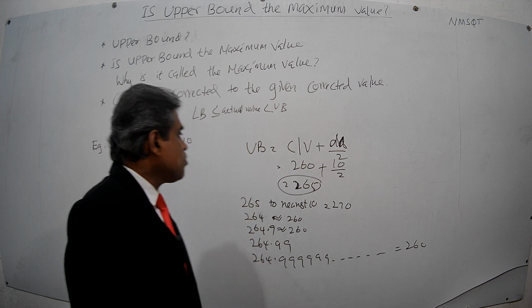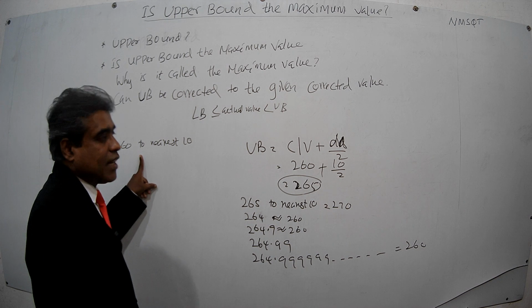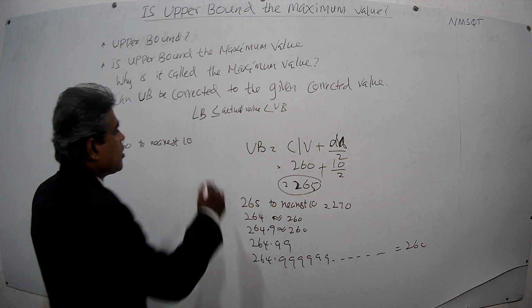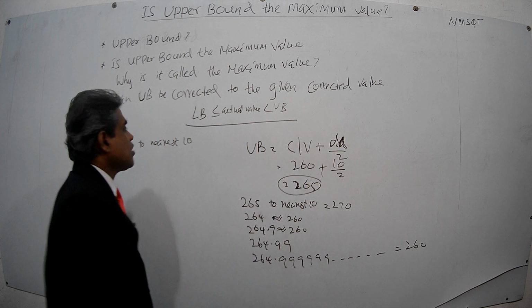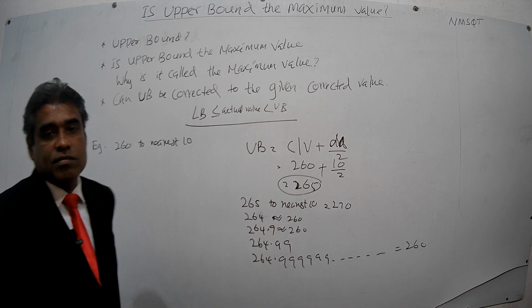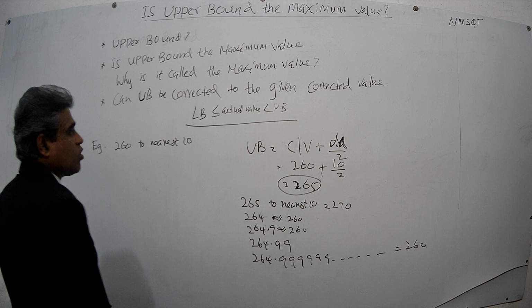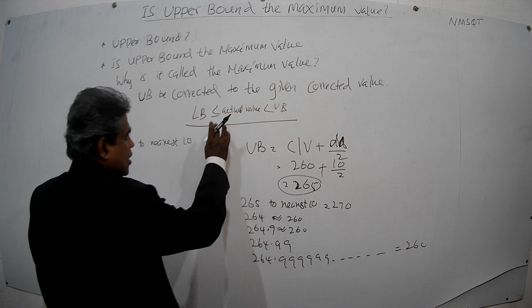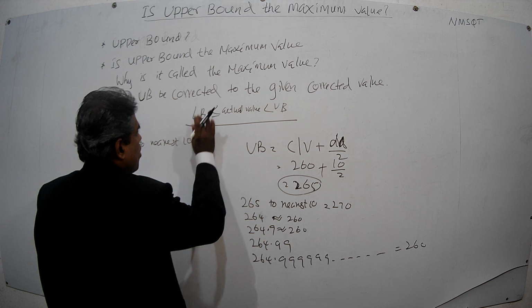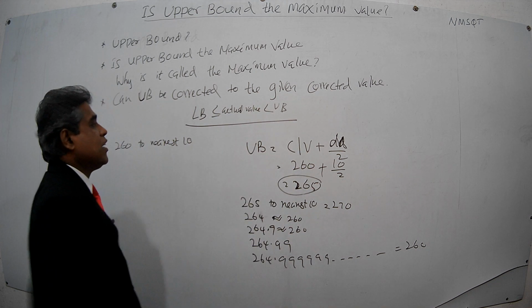As the upper bound cannot be rounded to the corrected value given, when we write the range of values that can be rounded to the corrected value, we ignore the upper bound. The range is given as lower bound less than or equal to actual value, less than upper bound.